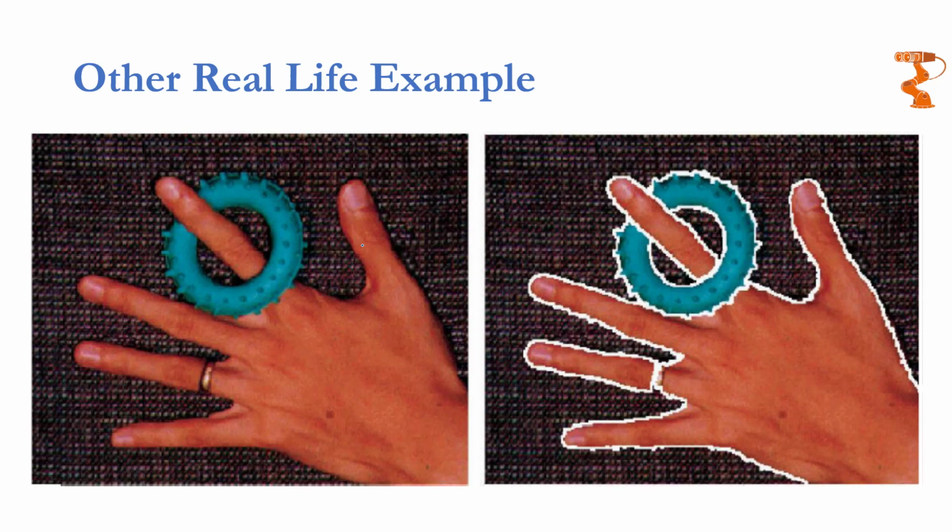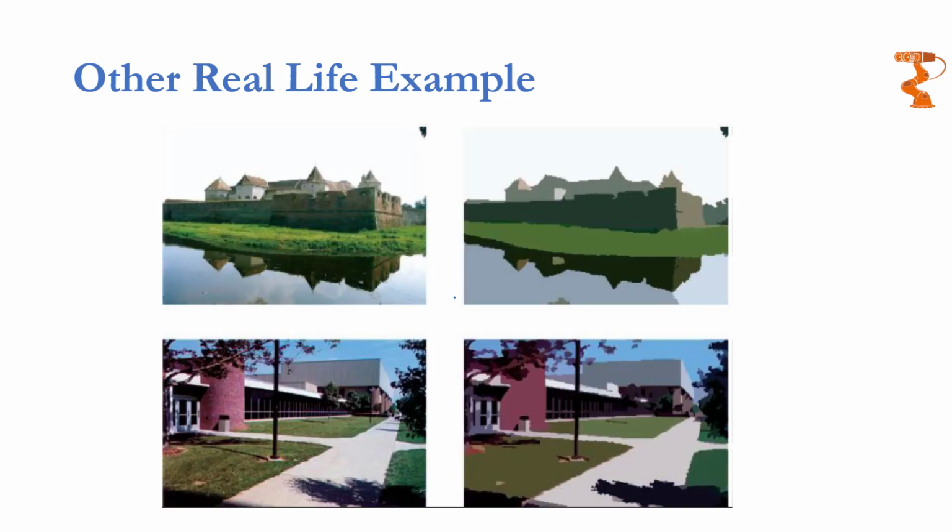You can see that in this real life image, mean shift segmentation can easily segment out this object from the hand. Here is another example where this complex real-life image has been segmented out using mean shift segmentation.